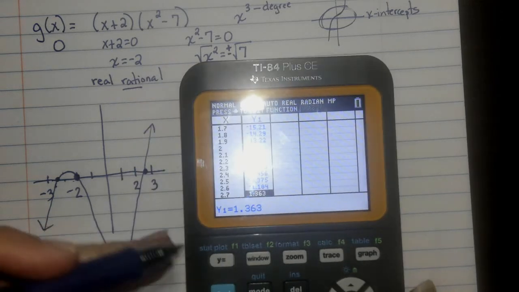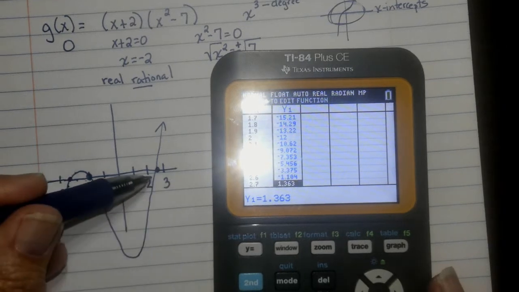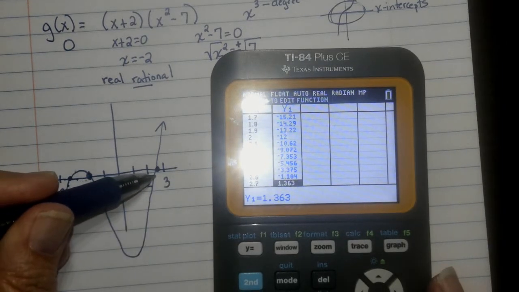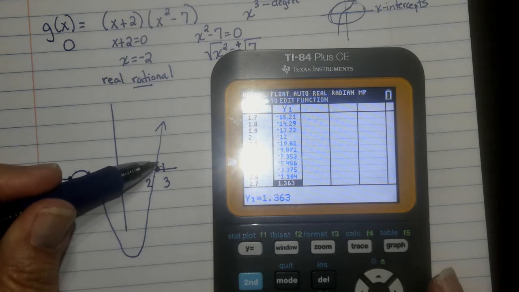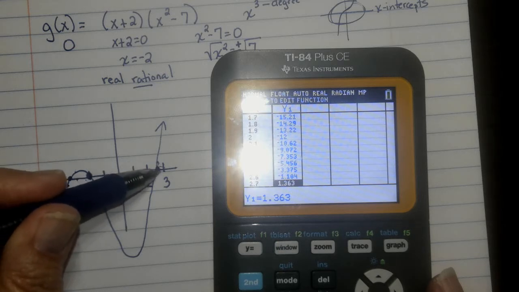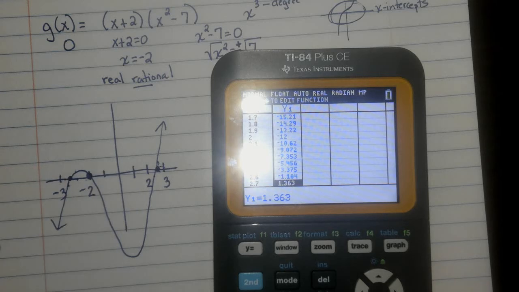So what's happening on my graph? At 2.6 I had a negative answer, but over here at 2.7 I had a positive answer. So somewhere in the middle I must have hit 0. It's all about the roots, the x-intercepts.